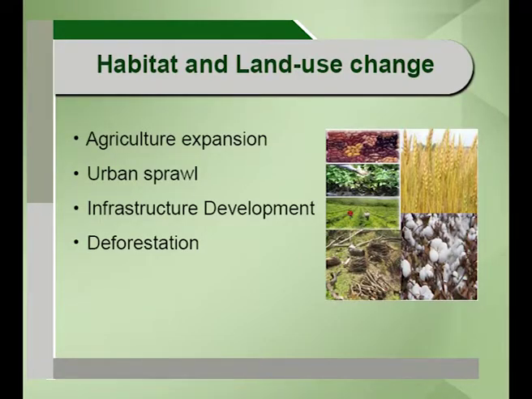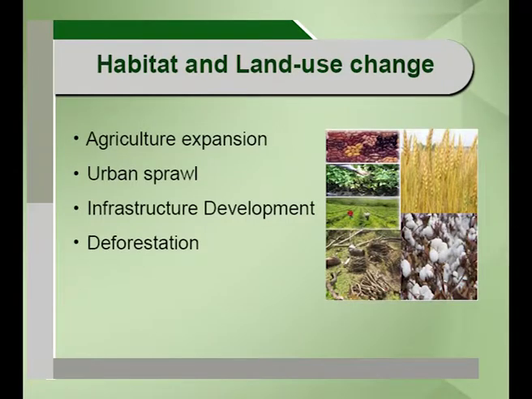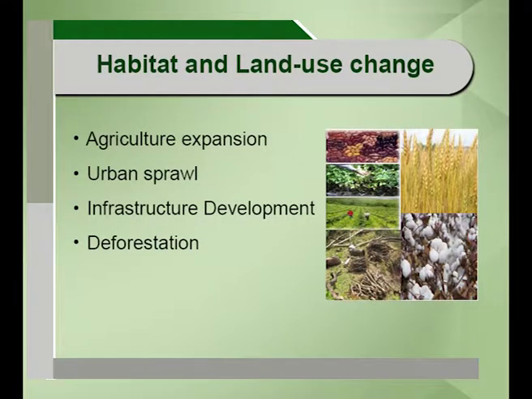Now, coming to the direct drivers of biodiversity change, first we will discuss habitat and land use change. Habitat and land use change includes agriculture expansion, urban sprawl, infrastructure development and deforestation. In terrestrial ecosystems, land use change is the major driver of biodiversity change. Only the areas which are not suitable for crops are intact.